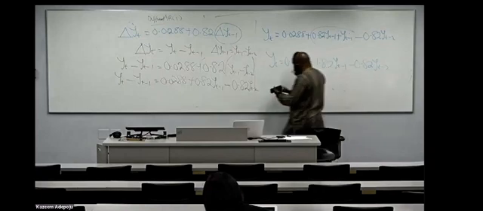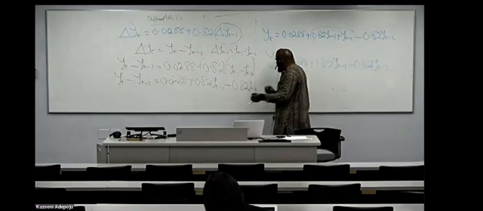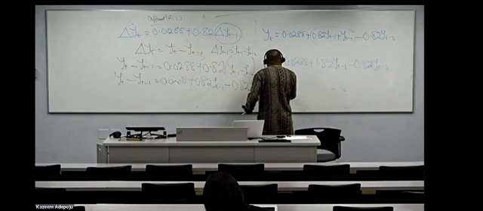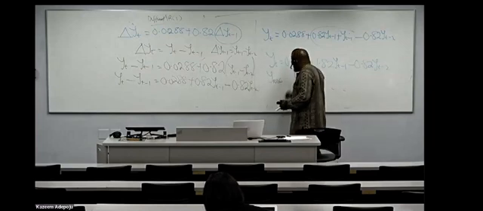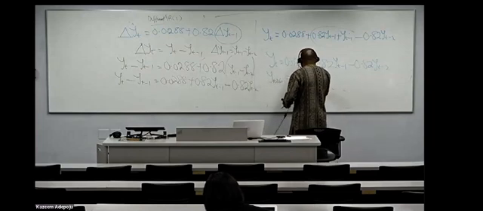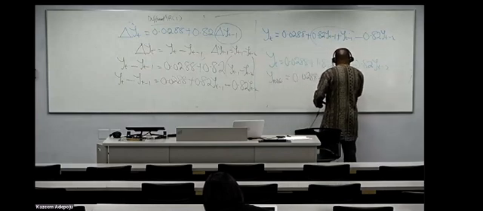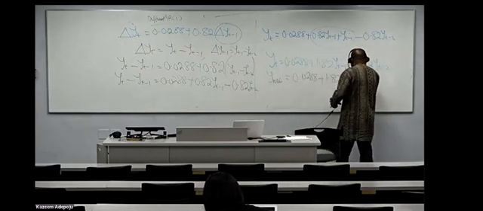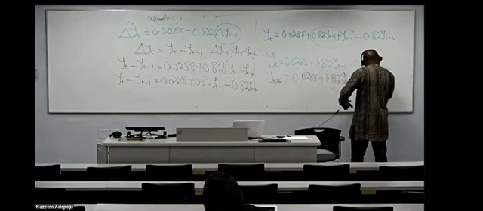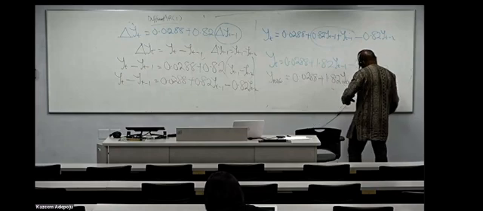Even without R, if this is for 1006, this is going to be 0.0288 plus 1.82 y1005 minus 0.82 y1004. Does that make sense?